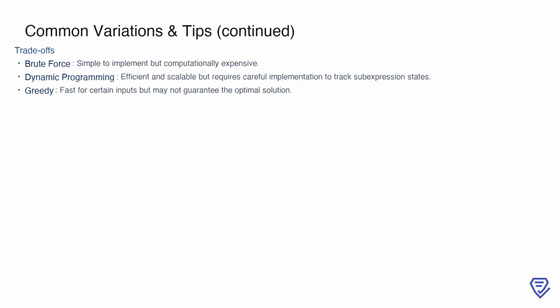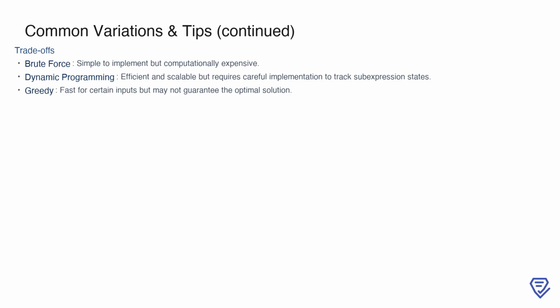Each approach to solving this problem comes with its own trade-offs. Brute force is easy to implement and understand, making it a good starting point for developing your solution. However, it is computationally expensive and impractical for large inputs. Dynamic programming, on the other hand, is both efficient and scalable. It allows you to optimize the solution by avoiding redundant calculations, but it does require careful implementation to track the states of sub-expressions accurately.